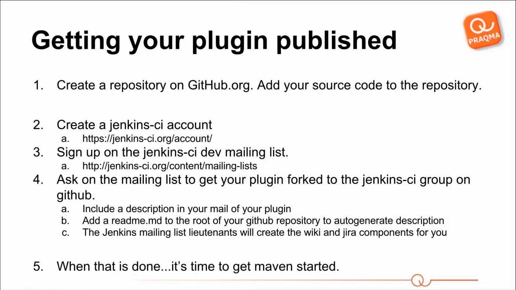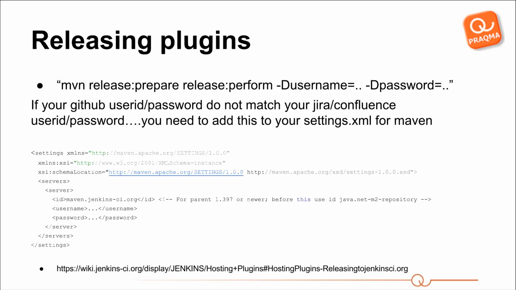When you're done with that, you need to use Maven to release, and you do it this way: Maven release prepare, release perform. Provided your Jenkins CI account credentials match the ones on your GitHub account, you can use the -Dusername and -Dpassword properties when you do the Maven release.